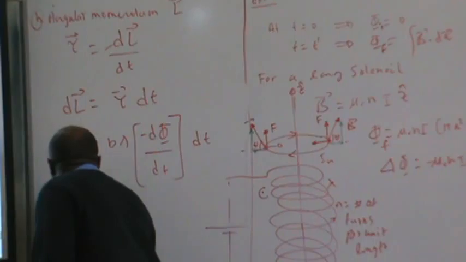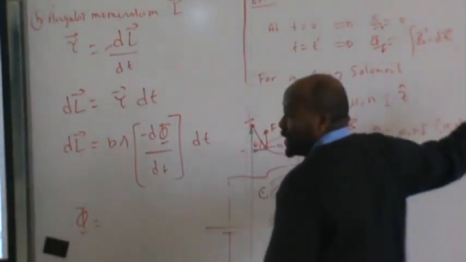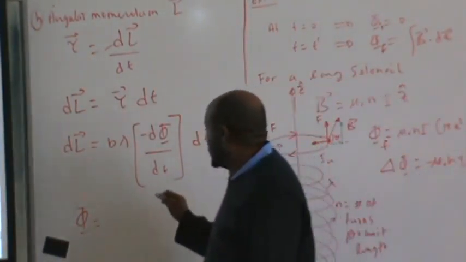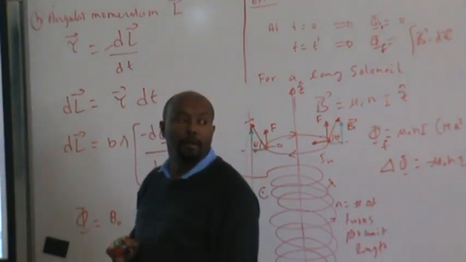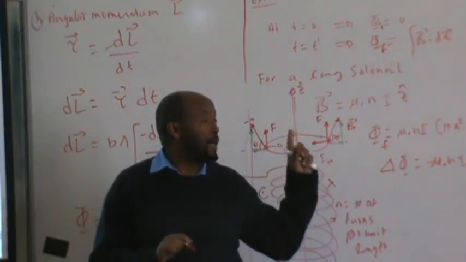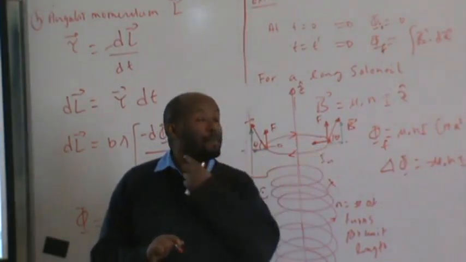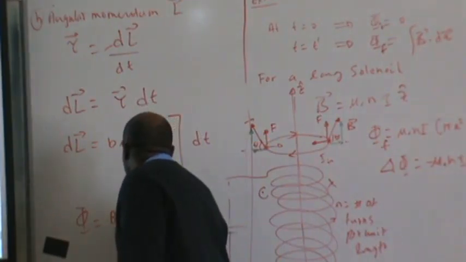Integral of B dot dA. It's a constant magnetic field, so I should write B0 times what? Area. The area covered by the magnetic field is what? Pi s squared.